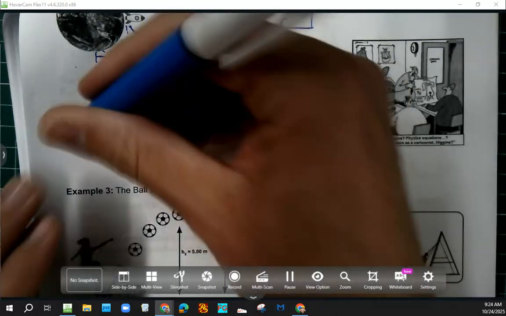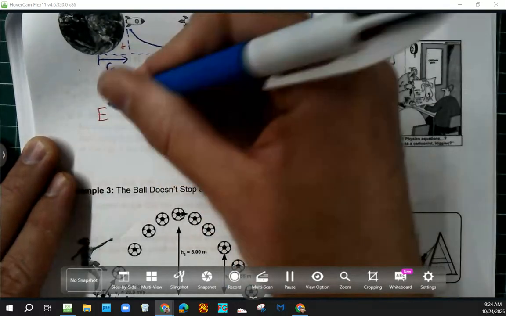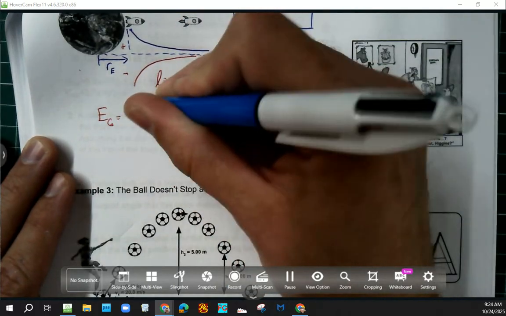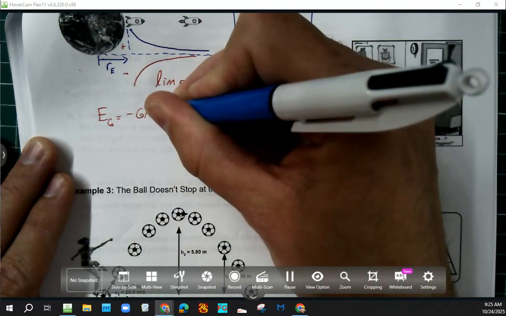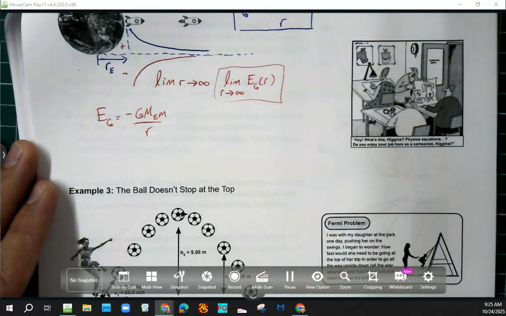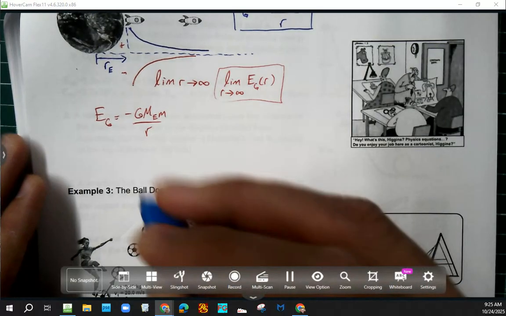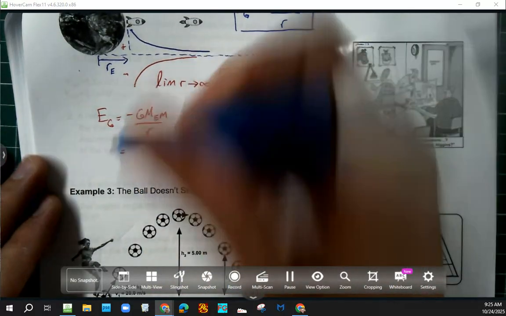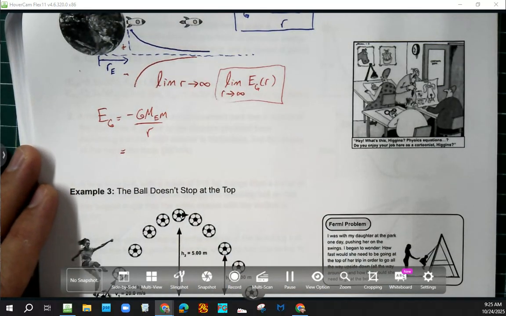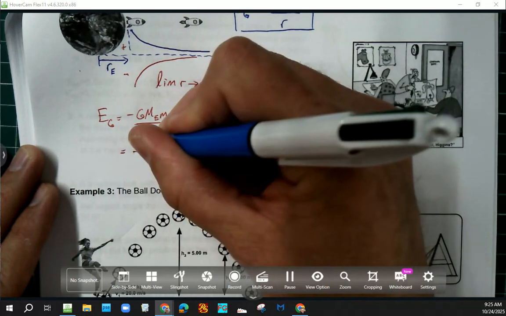So we could talk about, hey, what happens in these extremes? Well, in the limit where r goes to infinity, Eg equals negative G times the mass of the rocket divided by r. What does Eg become? Zero. In fact, I could say negative 0, but it's 0, right?